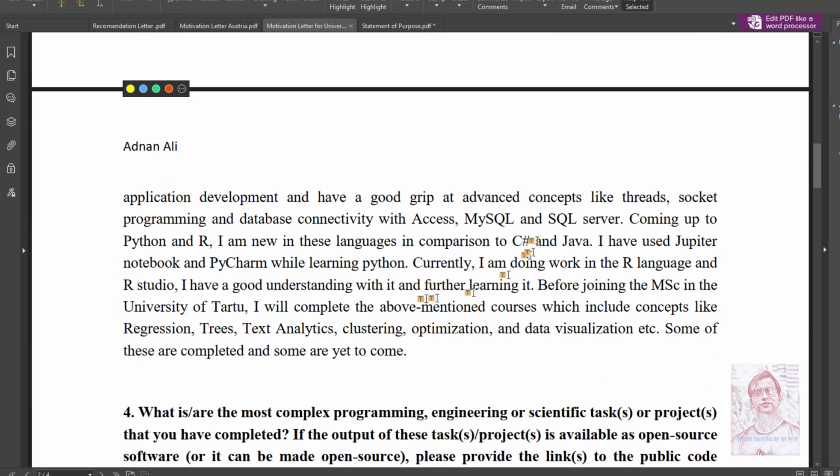Okay. And then MySQL, SQL Server, and Access are useful in data science. Then Python and R are also useful in data science. At that time I was not really skilled in these languages, especially Python, but later I learned, and you can again read that.